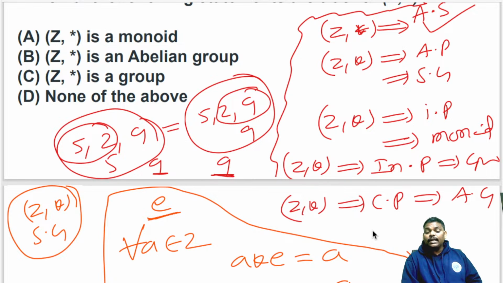And one more thing: Z is the set of integers, negative integers also, positive integers also. If you take a negative number with E, assume that E is 0, then 0 will come, because 0 is the maximum.